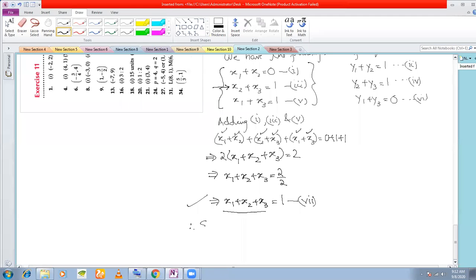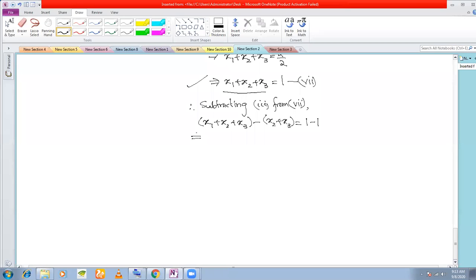So you subtract 3 from 7. X1 plus X2 plus X3 minus X2 plus X3, you get this as 1 minus 1. X2 and X3 cancel, so you get X1 is equal to 0.